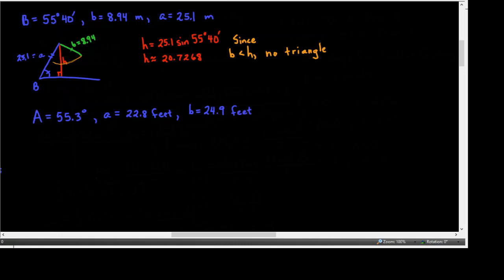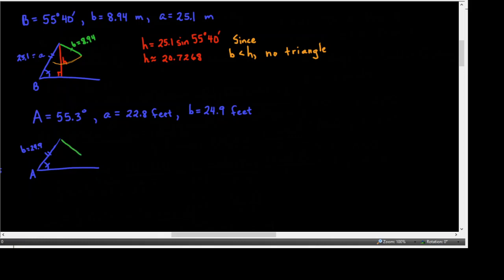Okay, so let's draw a picture of that. Angle A is about 55 degrees, give or take. Side B is given, and it's going to be 24.9 feet. And side A is shorter than it. So let me make this a little bit longer. And side A is shorter than that.